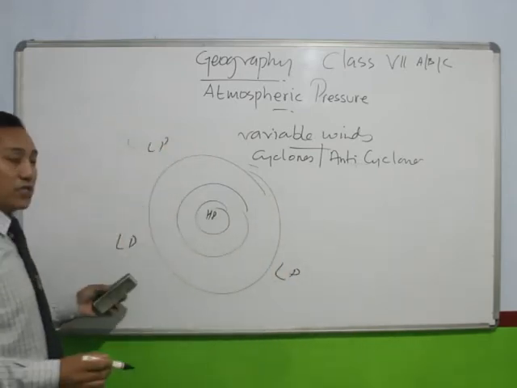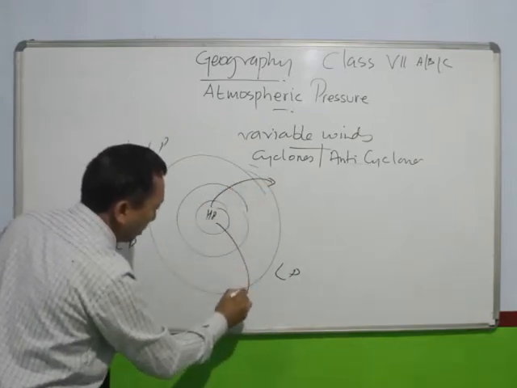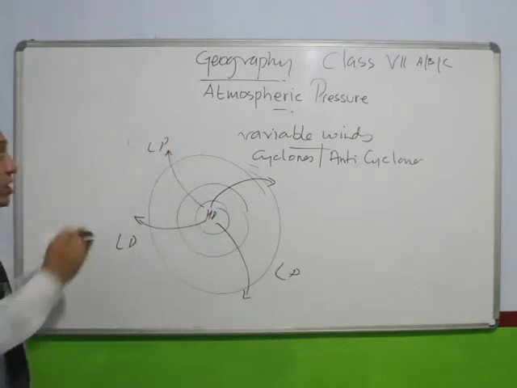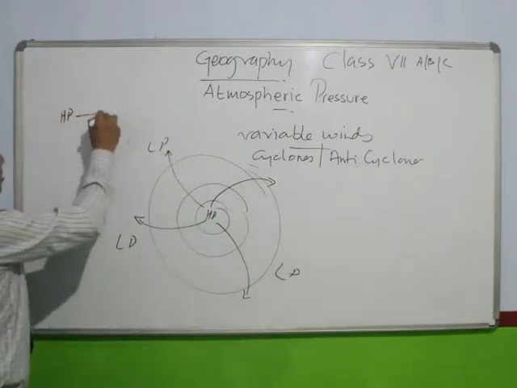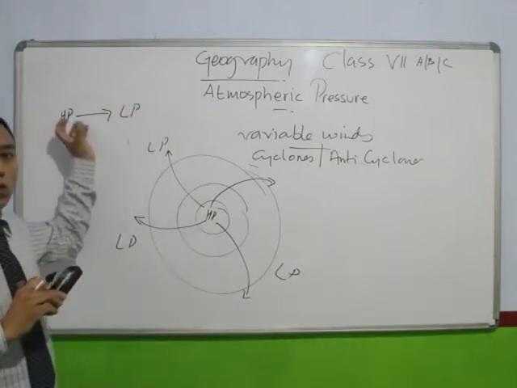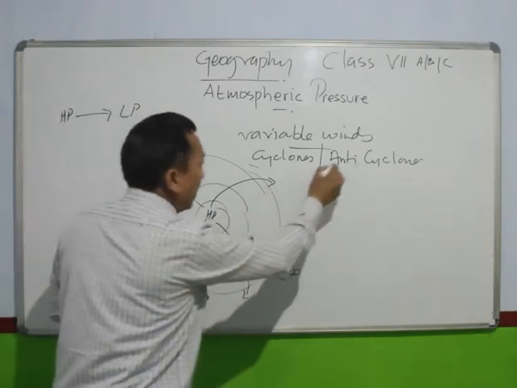So the winds will blow outwards from the high pressure area to the low pressure area. We always have to keep in mind, wind always blows from a high pressure area to a low pressure area. That means from a cold place, wind always blows to a warmer region.